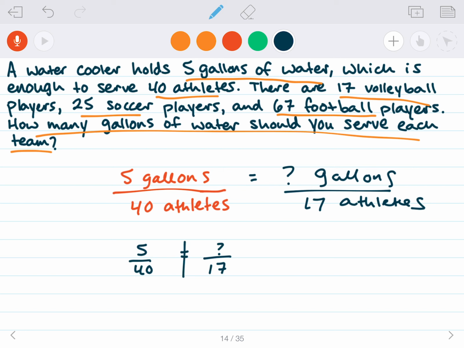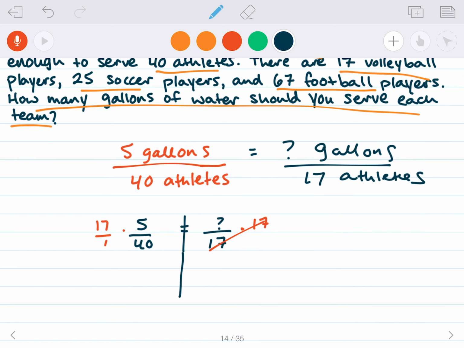What I can do from here is multiply the right side by 17 to get the question mark alone. So 17 over 1 times 5 over 40. Let's see what I get there. I get question mark equals 2.125. So for my volleyball players, I'm going to be serving them 2.125 gallons.